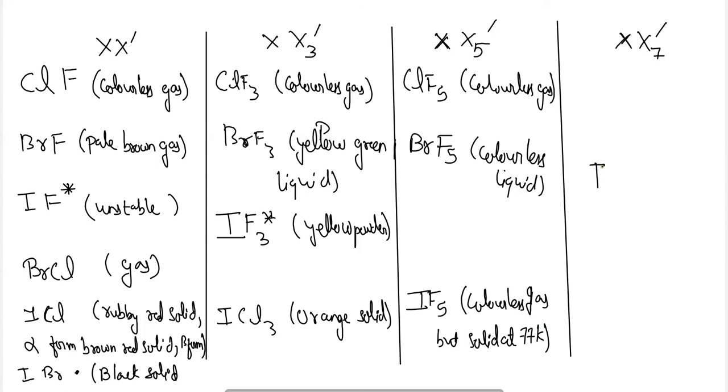The only compound in the XX'7 type is iodine heptafluoride, which is also a colorless gas. So these are the different interhalogen compounds with their physical states and colors.